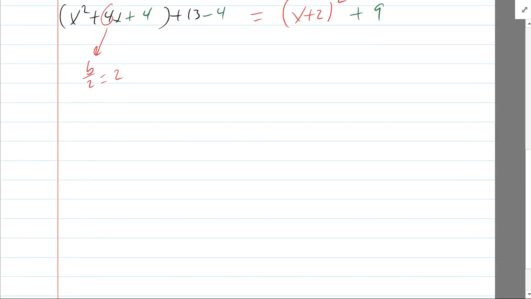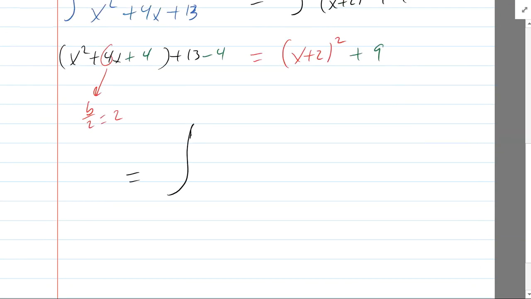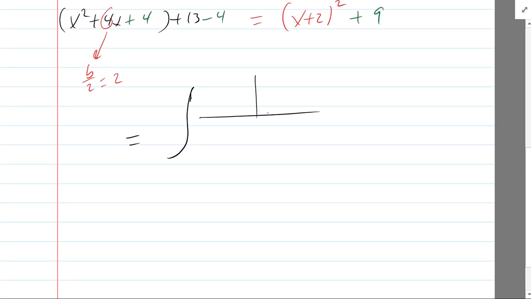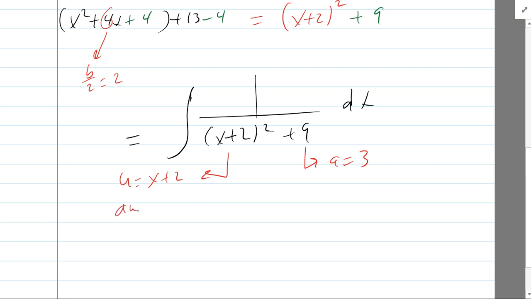I'm going to skip down here and write it really big: the integral of 1 over x plus 2 squared plus 9 dx. So guess what my u is? u equals x plus 2. My a is equal to 3. My du is equal to dx.